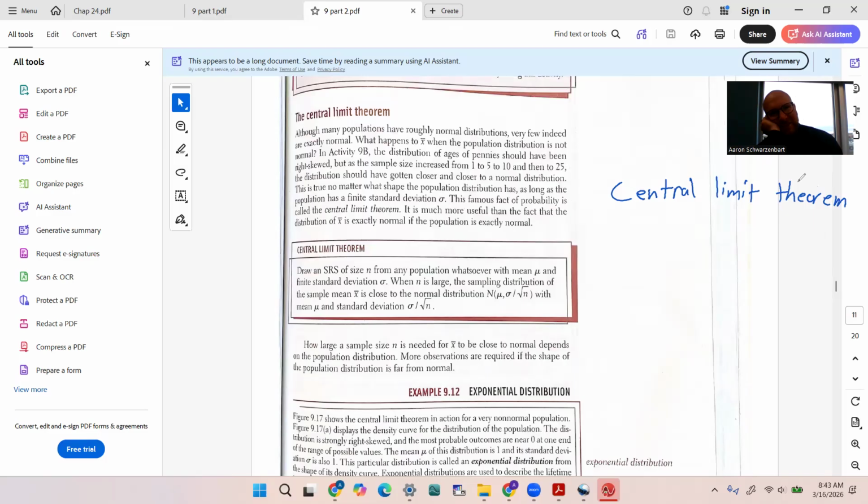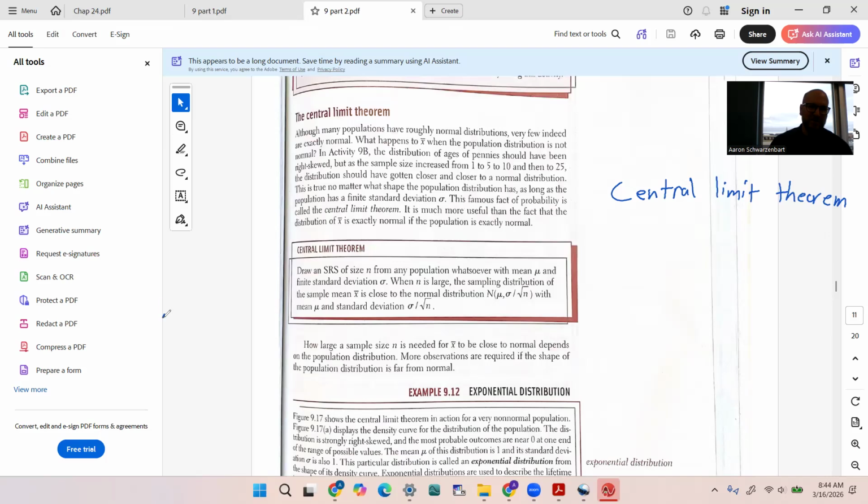What this practically means is if I have an SRS, simple random sample, of any population with mean mu and standard deviation sigma, and if n is large, we're later going to define large as more than 40, moderately large being more than 20, my sample means will be approximately normal, period. It doesn't matter how non-normal my data is.